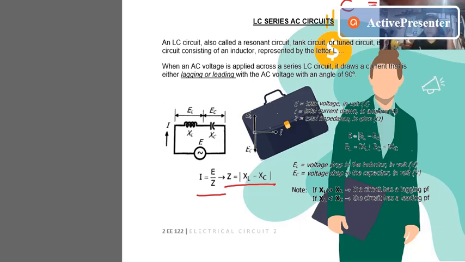We also have the voltage drop in the inductor, same as above: I multiplied by XL. And for the voltage drop in the capacitor, we have I multiplied by XC.